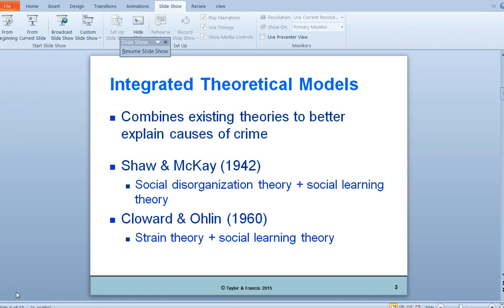These were earlier attempts to integrate theories to explain individual levels of behavior through a combination of social psychological theories, and the most common attempts at integration have involved social control and social learning theories, which are the two that we talked about last week.